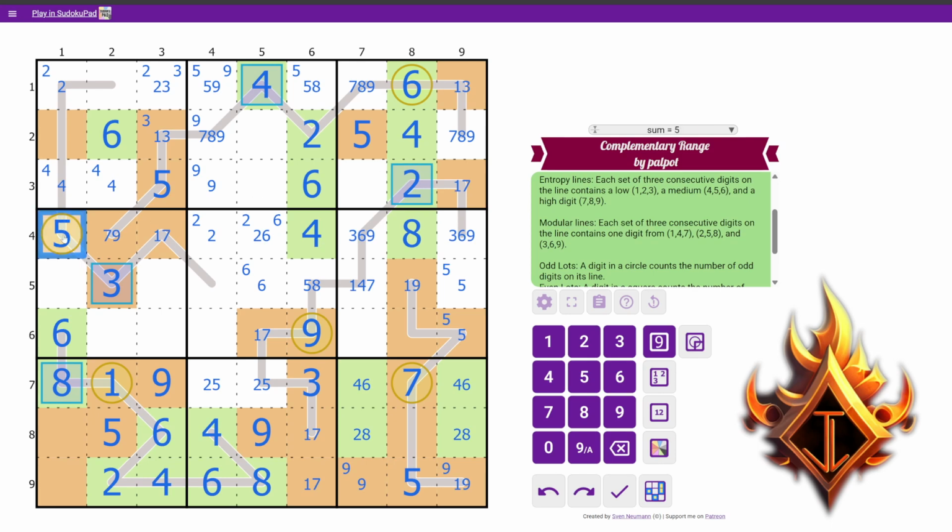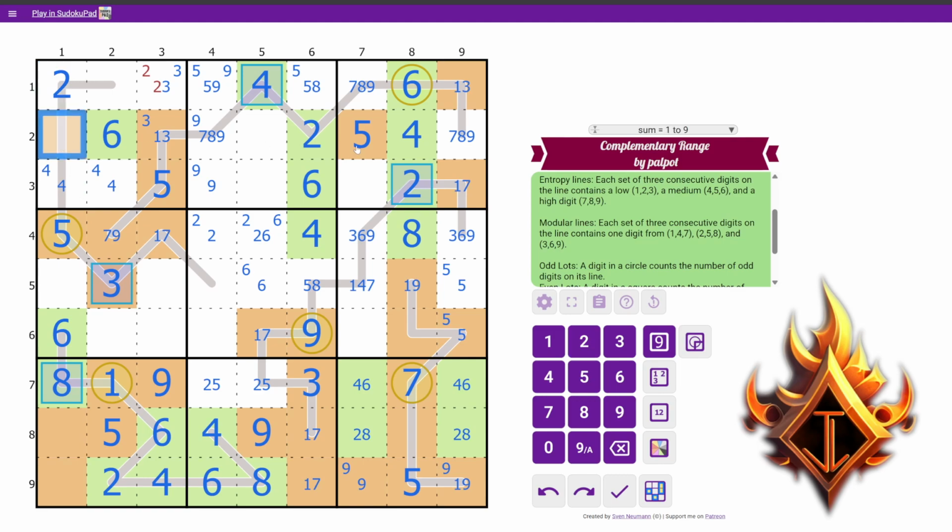What did I say earlier? If this is 5, this has to be a 2. Because it cannot be 4, 5, or 6. And it cannot be 8. So the only thing it can be is a 2. And this is a modular line now.